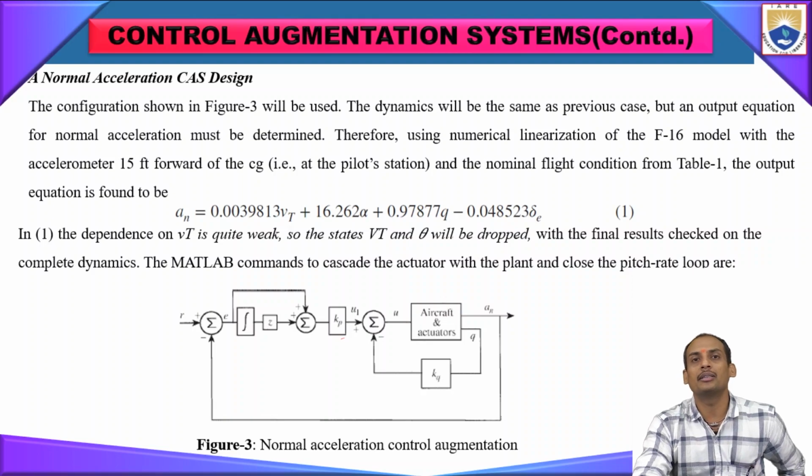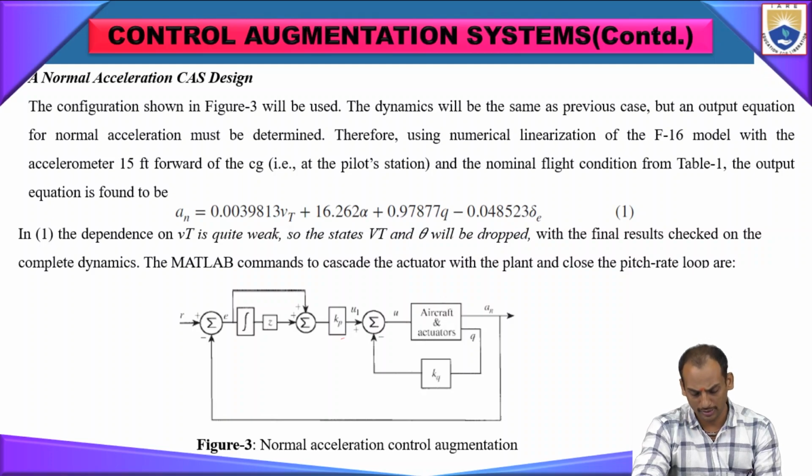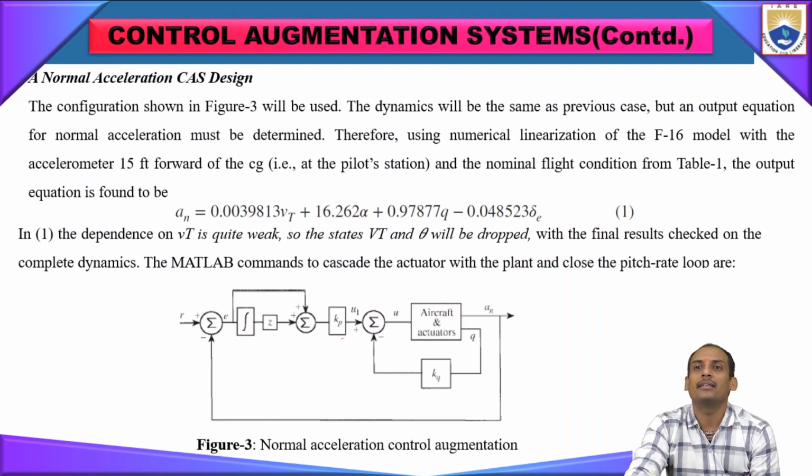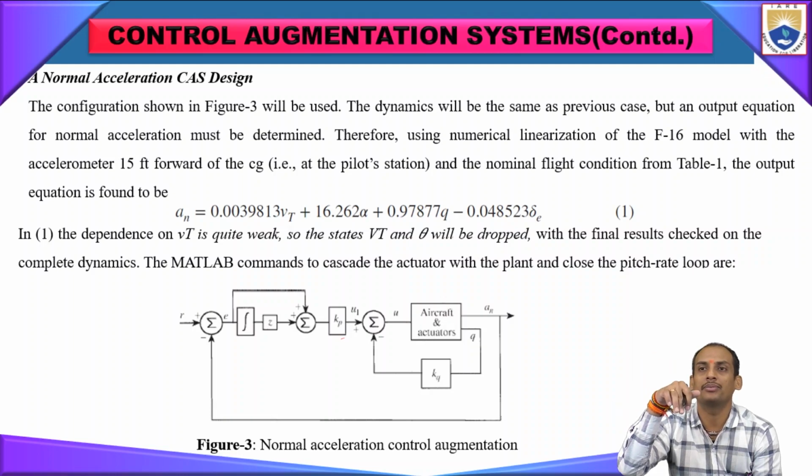The configuration shown in figure 3 has dynamics the same as the previous case, but the output equation for normal acceleration will be determined from the numerical linearization of the above equation, with the accelerometer about 15 feet forward of the CG, at the nominal flight condition shown in the first table.